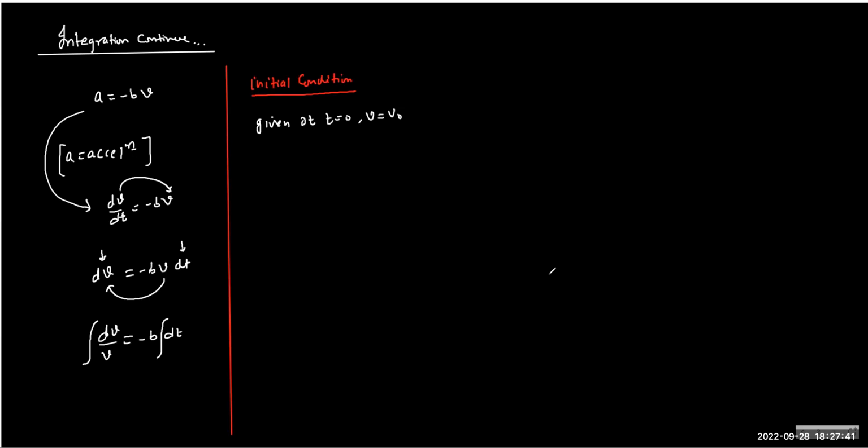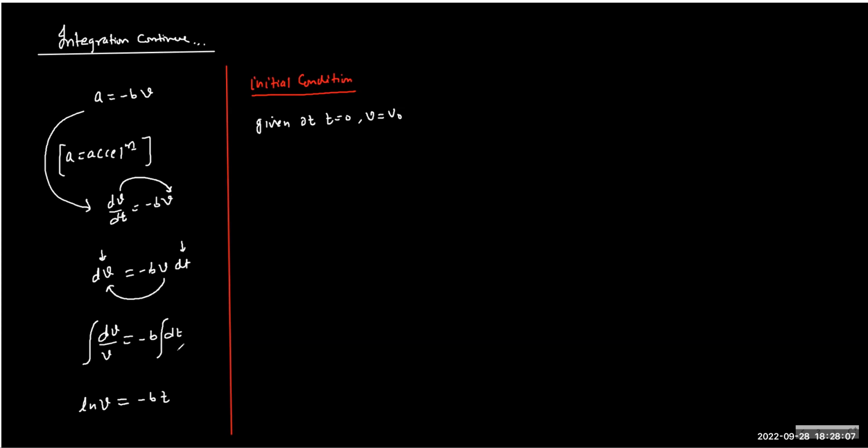It is similar to dx by x. Log v. It is log v plus v, log v. So as of now, you've got ln v. And on the RHS, what can we write? Minus b, d square by minus b.